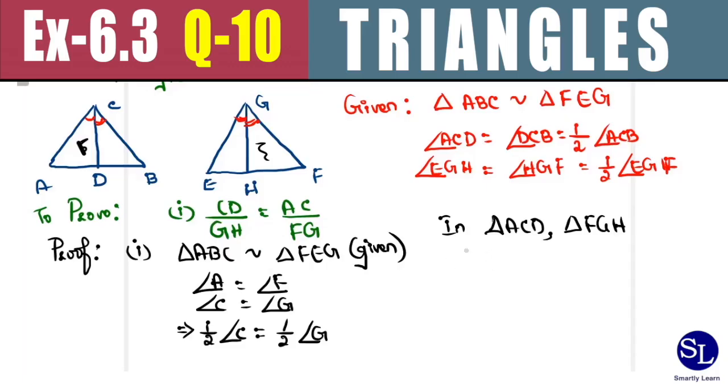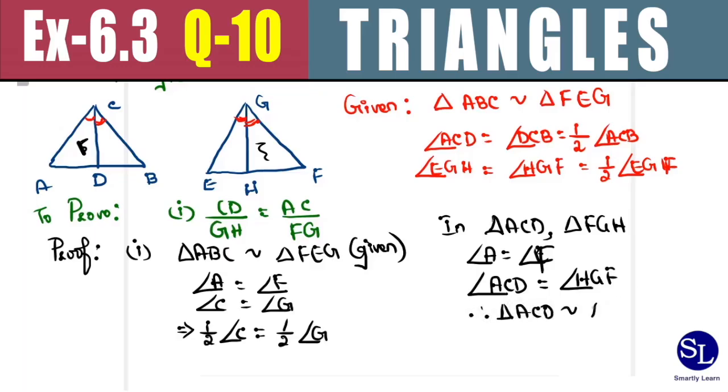Angle A is equal to angle F because that is already given from the similarity conditions. Then angle ACD is equal to angle HGF. Therefore, triangle ACD is similar to triangle FGH.